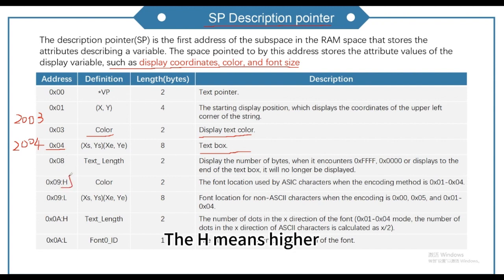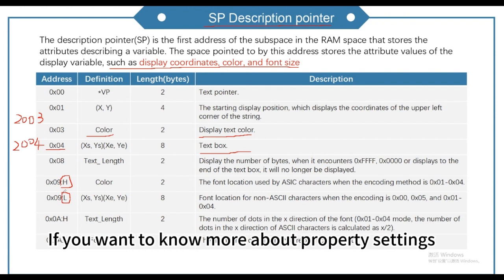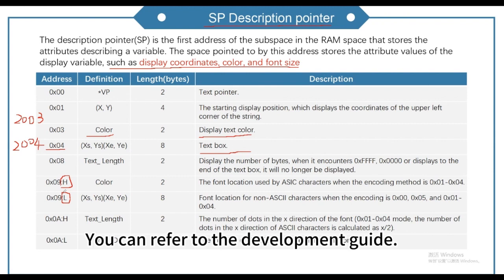The H means higher. The L means lower. If you want to know more about property settings, you can refer to the development guide.